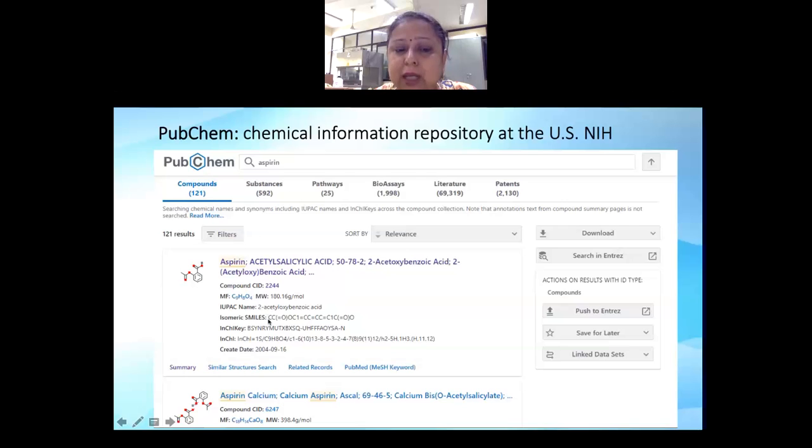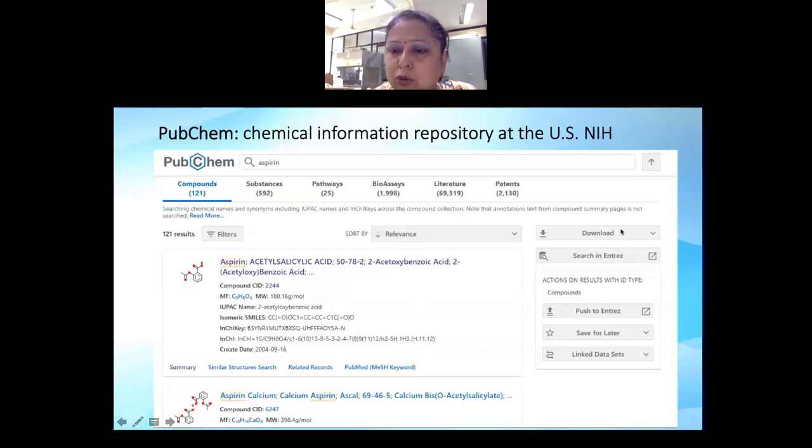Then if you want to use the SMILES format for different functions of computer-aided drug design, for example, either for docking purposes or for developing a QSAR model, you can copy these SMILES sequences from here, these keys, then all the SDF formats and all.